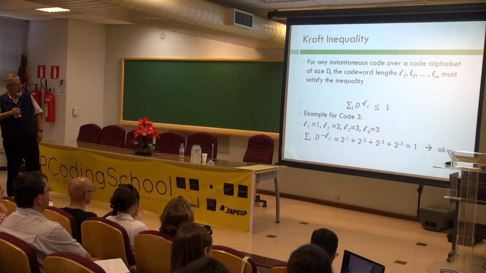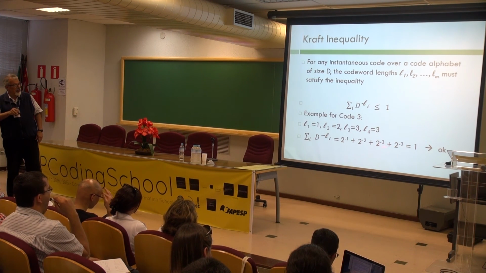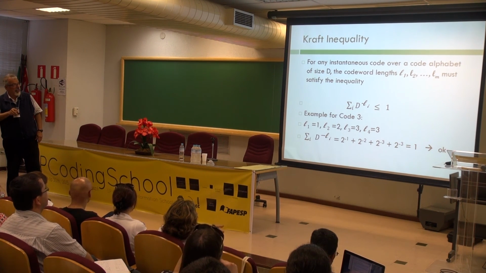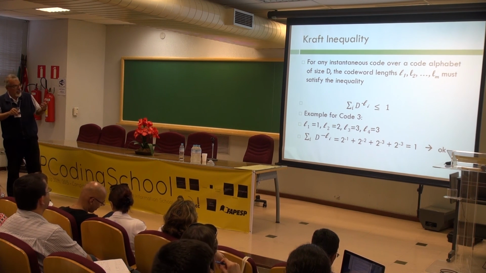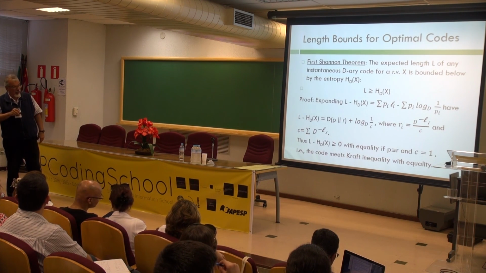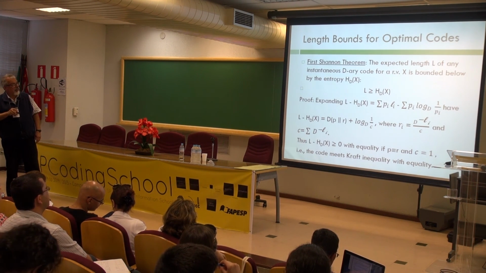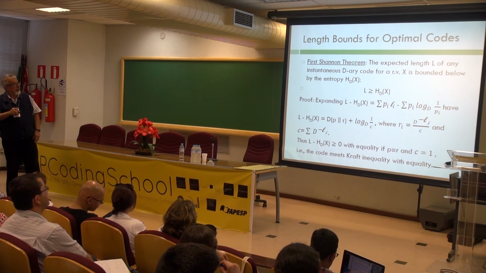The size of the binary alphabet. So 2 to the minus 1, plus 2 to the minus 2, plus the rest, is equal to 1. So it meets the inequality with equality, and that's okay. Usually that means that it's an efficient code, if you have that equality in Kraft's inequality.